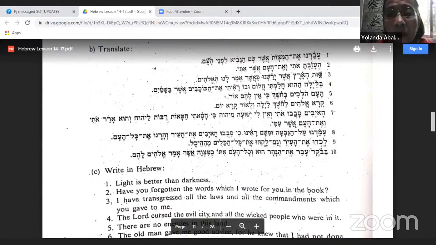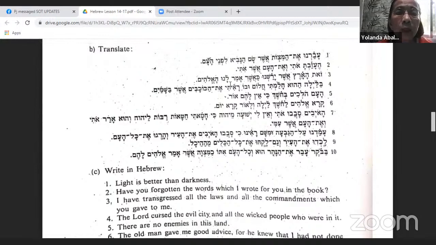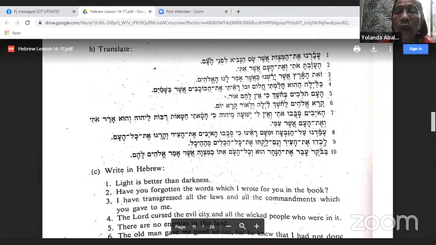Then we have Zot, Haaretz, Asher, Yarshinu, Kaasher, Amar, Lanu, Ha Elohim.